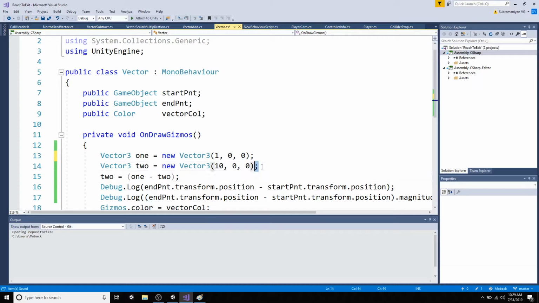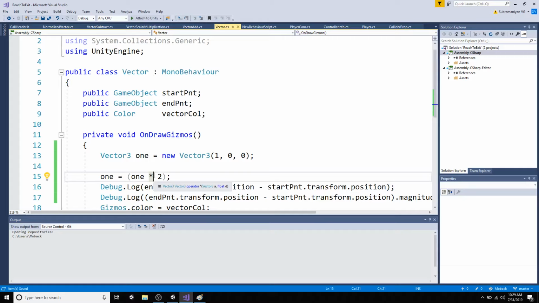And when I do 1 multiplied by a scalar value, the resultant vector will be scaled. But you can't do something like 1 plus 2. You can add only vector and vector, you can't add a vector and a scalar. So this is the rule that you have to remember. If you want to scale a vector, multiply the vector by the scalar amount.